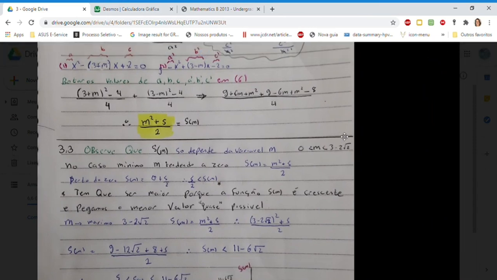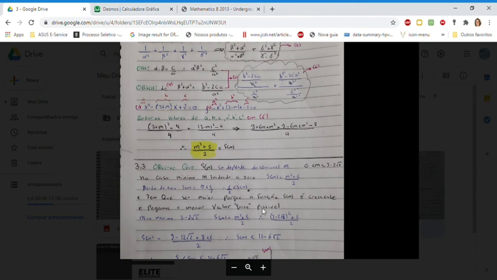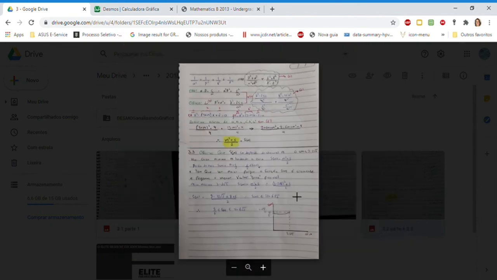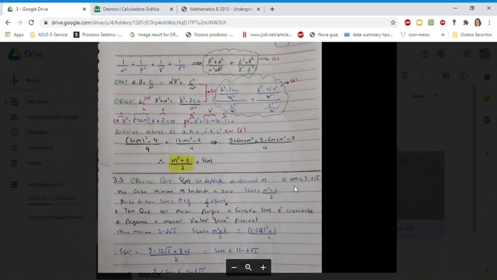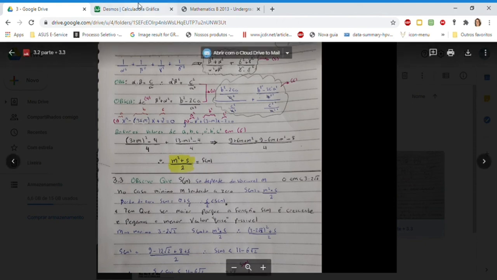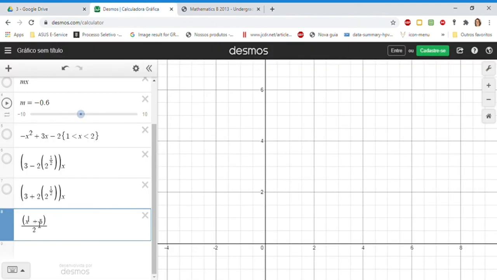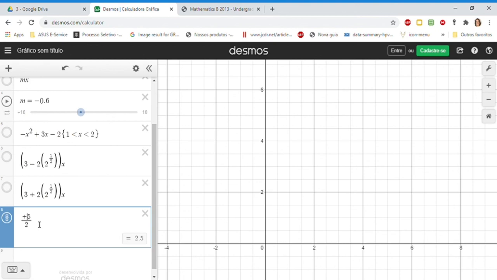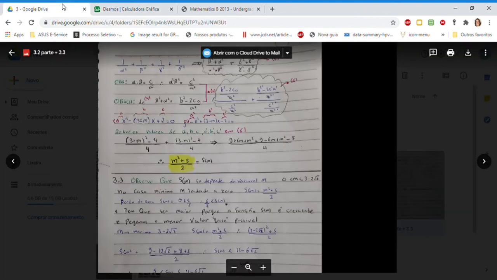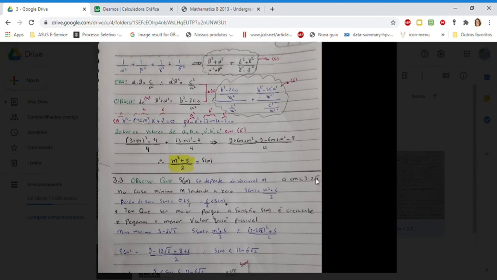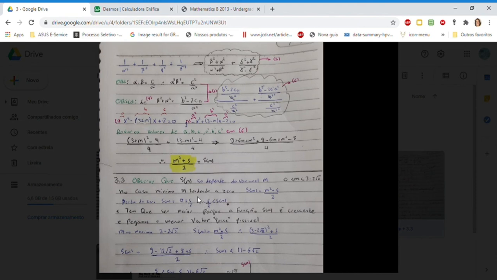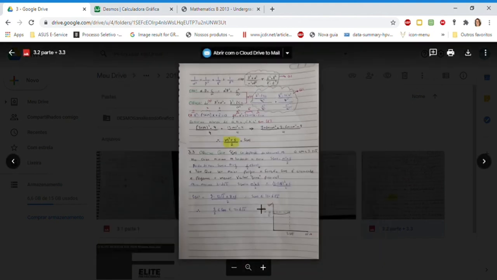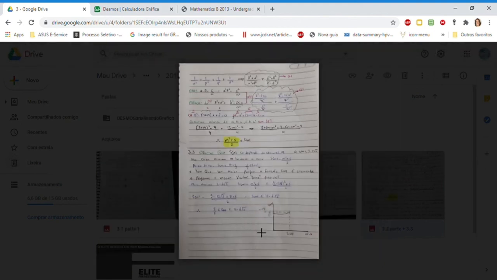So in the minimum case, when m is 0, we're going to have that S of m is 5 divided by 2, right? 5 divided by 2 if m is 0. And when m is 3 minus 2 square root of 2, we will have it over here, algebra, and we'll have it over here.